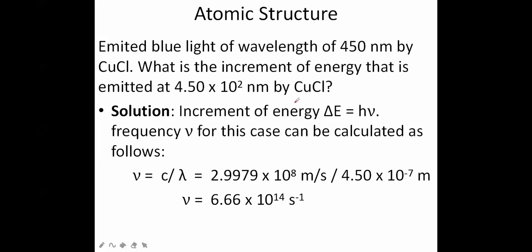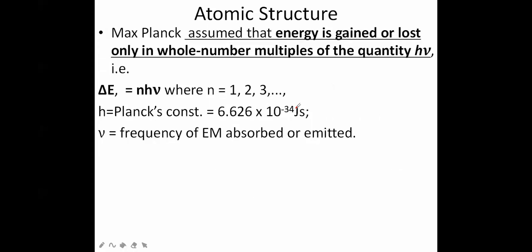Yes, sir, you can ask. I've seen you raise your hand. In which instances are we using that formula where change in energy is equal to n h v? Because I can see you've ignored n in this formula. That was an assumption made by Planck. He said that it increases in whole numbers.